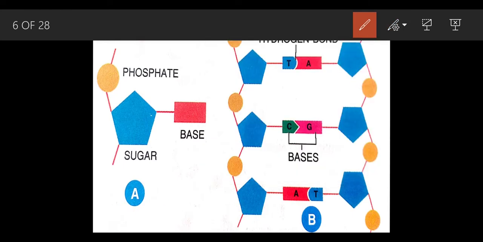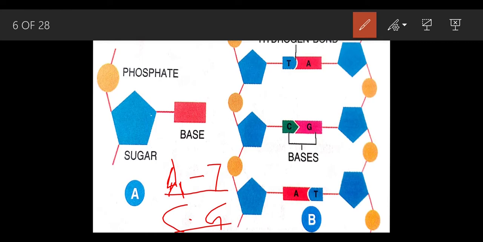We won't go in detail, but I will give a hint. Adenine would always go with thymine only, and cytosine will always go with guanine only. So remember ATCG, this is very specific in nature.